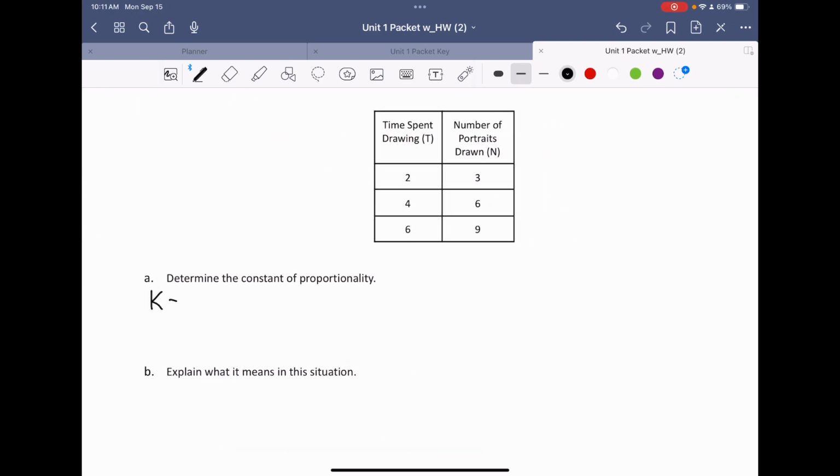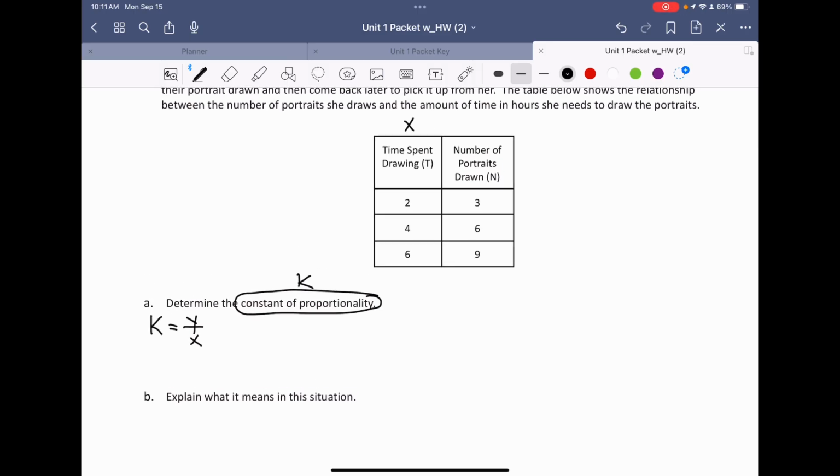All right, to determine the constant of proportionality is the value or the variable k. K equals y divided by x. In our chart, always label x first, then y. So number of portraits is our y variable, and the time is represented with our x variable when we're working on this formula specifically.